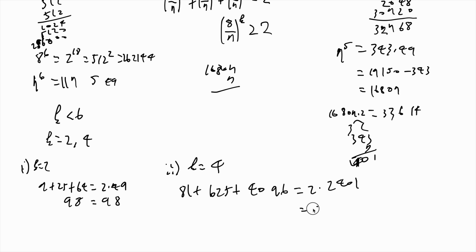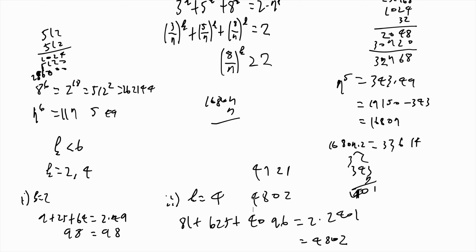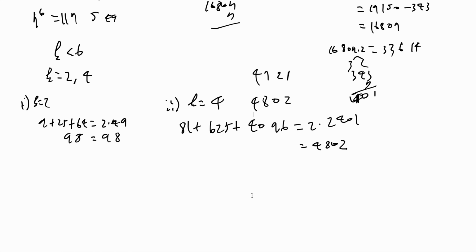So this is equal to 4802. And this one is equal to 4802. Yes, so indeed this works, and we know that k must be either 2 or 4.